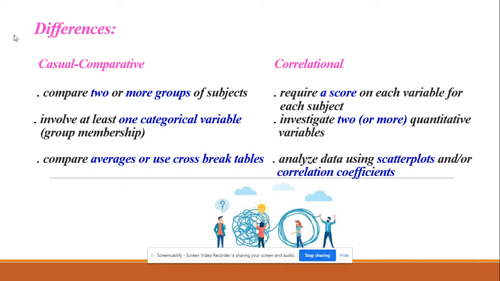The last difference is that researchers in causal comparative research compare averages or use cross-break tables, but correlational research analyzes data using scatter plots and/or correlation coefficients.